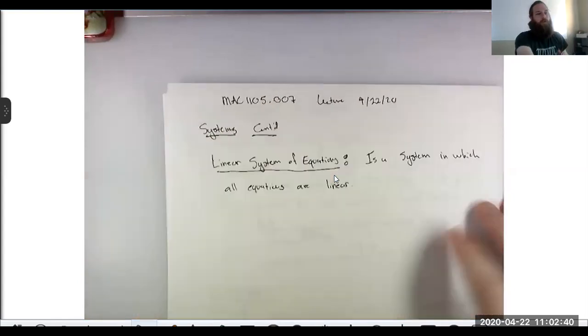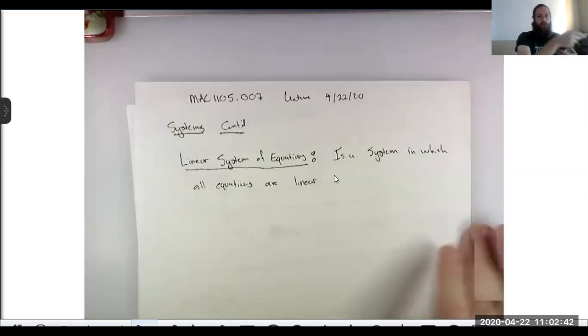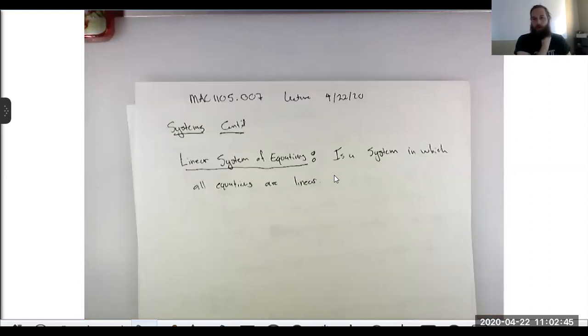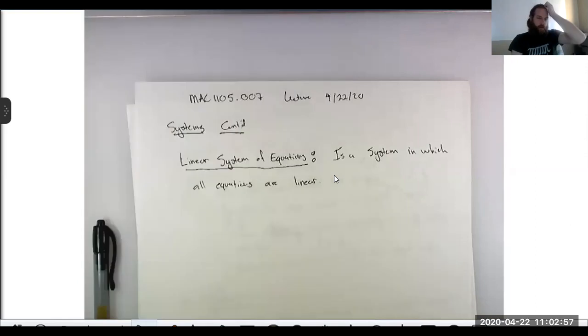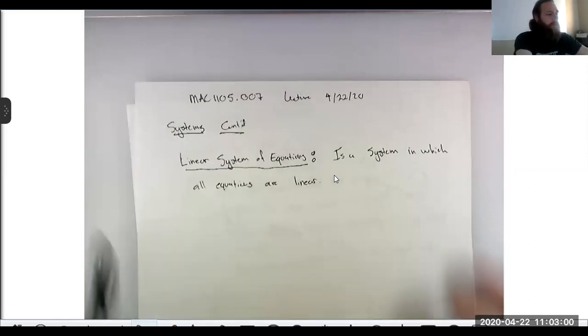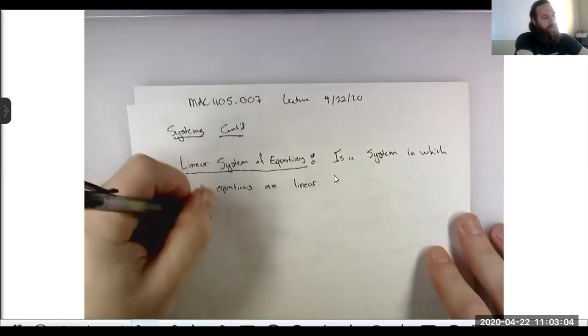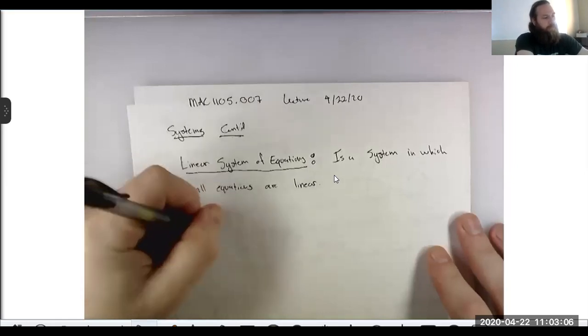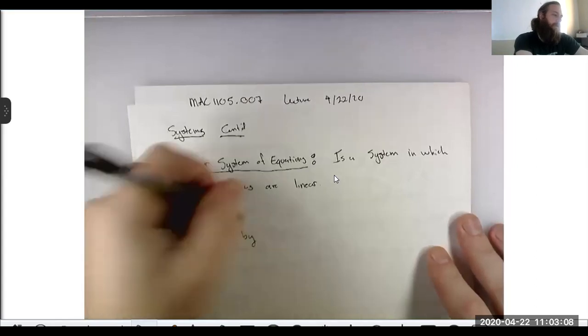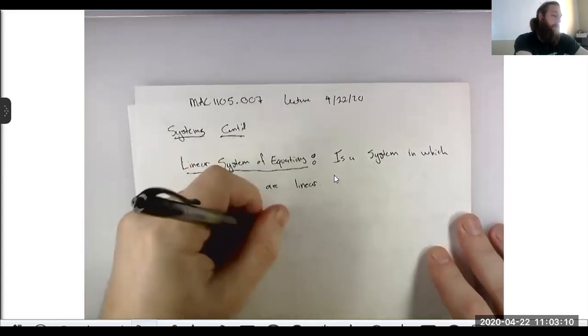If you need to remind yourself what it means for an equation or a function to be linear, you might want to go back and look at the first few homeworks from this semester, where we categorized things as being linear and nonlinear. But the basic idea is that the variables all show up only to the power of 1. They never show up under a radical or downstairs in a fraction or anything like that. And these are nice. We like to solve them by elimination wherever possible, and it's always possible.